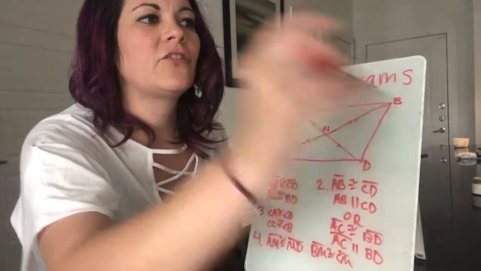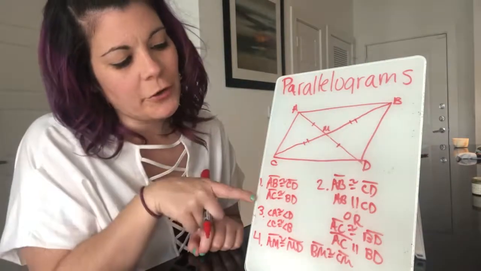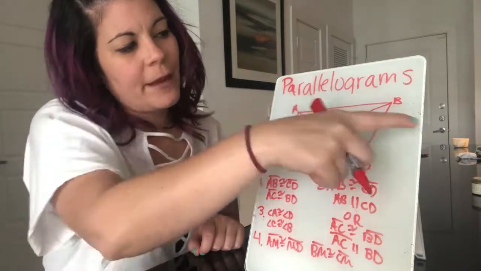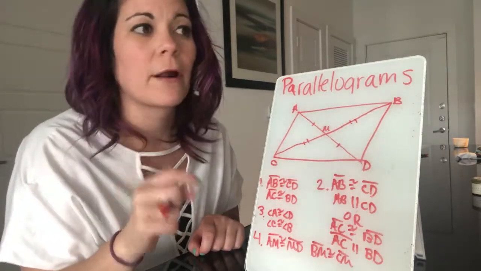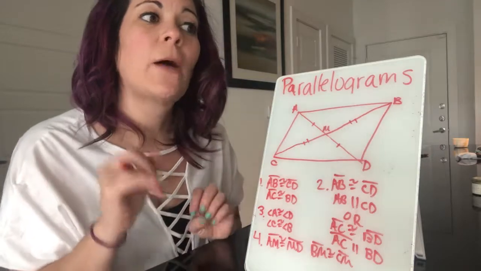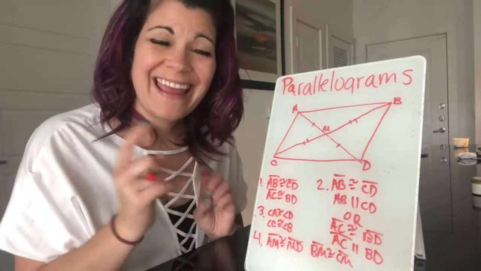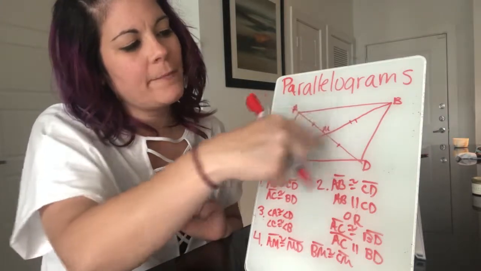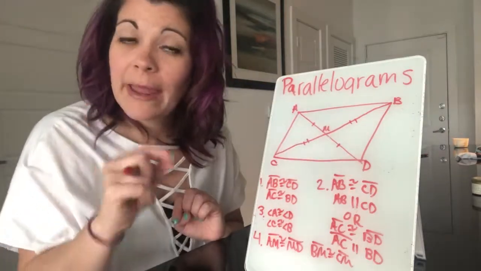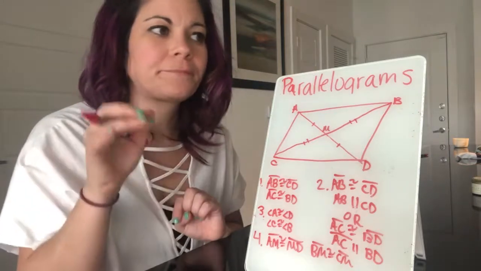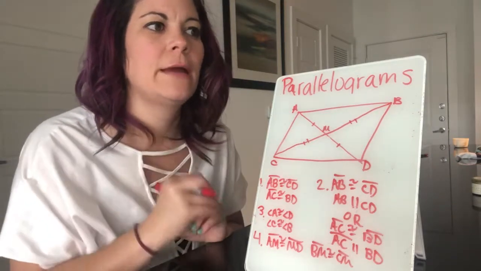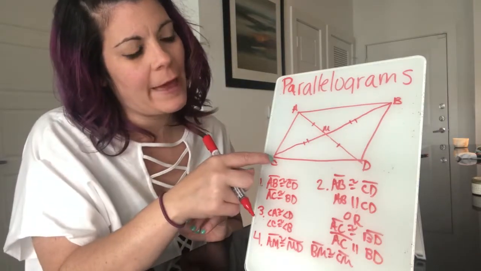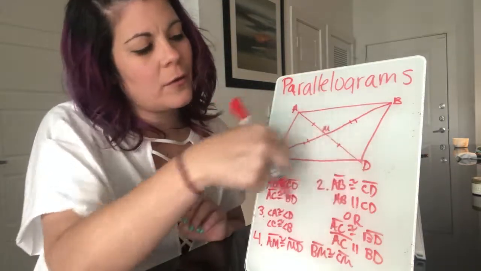The second way is to show that both pairs of opposite sides are congruent, which is our theorem 1. The third way is to show that one pair of opposite sides are congruent and parallel, so that's our second theorem. And then the fourth way, show that both pairs of opposite angles are congruent.